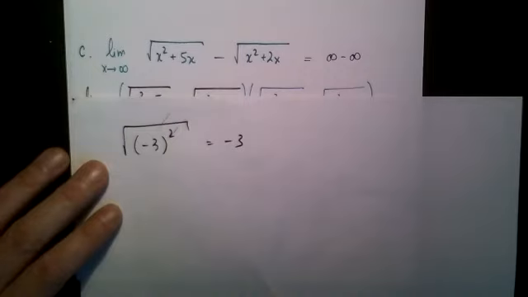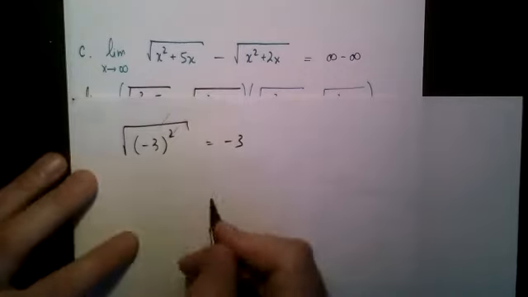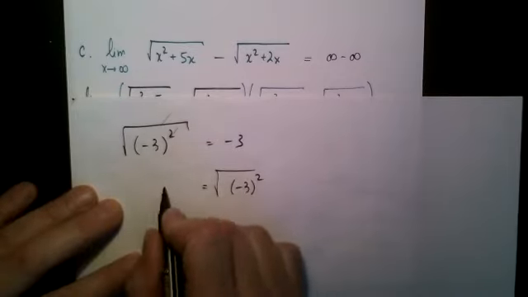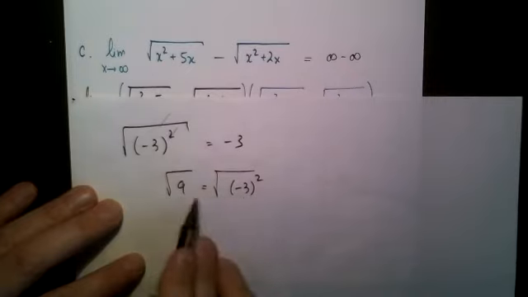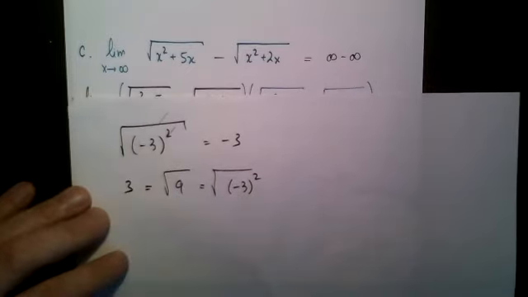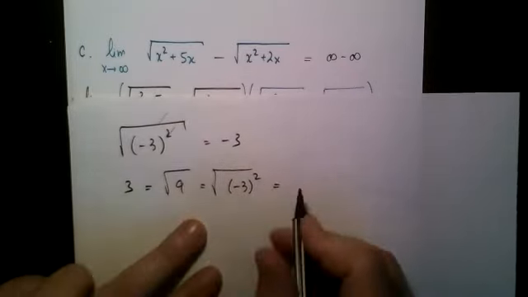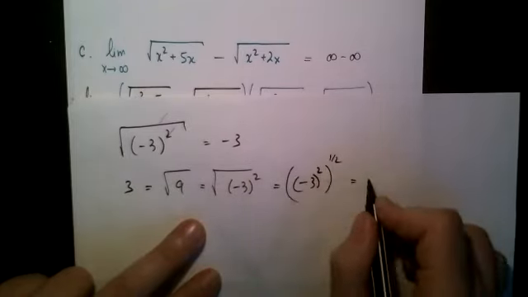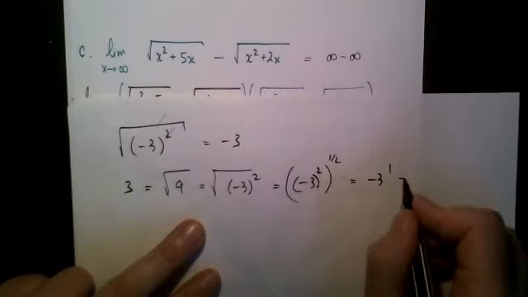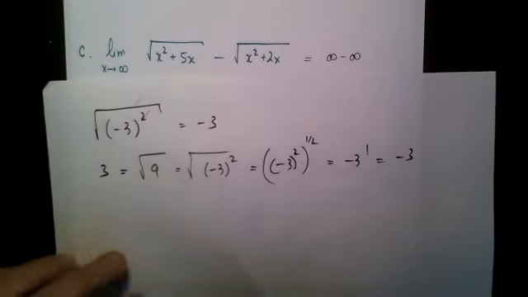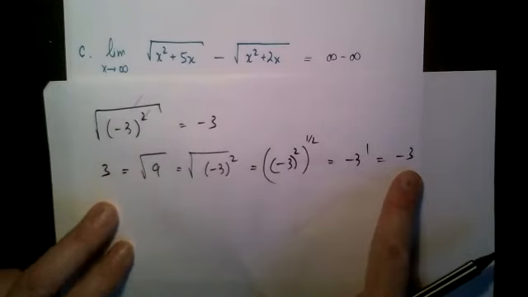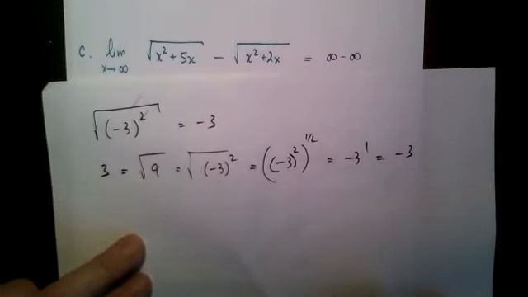You understand? Because or else you're going to allow me to do this. That's the square root of 9, and that's 3. And then on the other side, that's -3 to the power 2 to the power a half. That's -3 to the power 1, and that's -3. And there, in 2 seconds, I show you that 3 is -3. You can't do that.